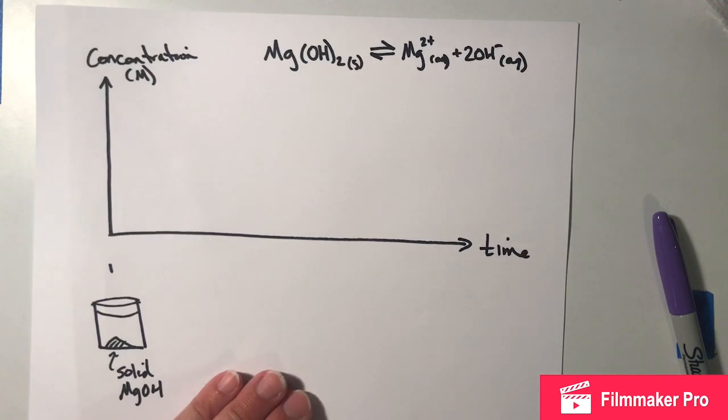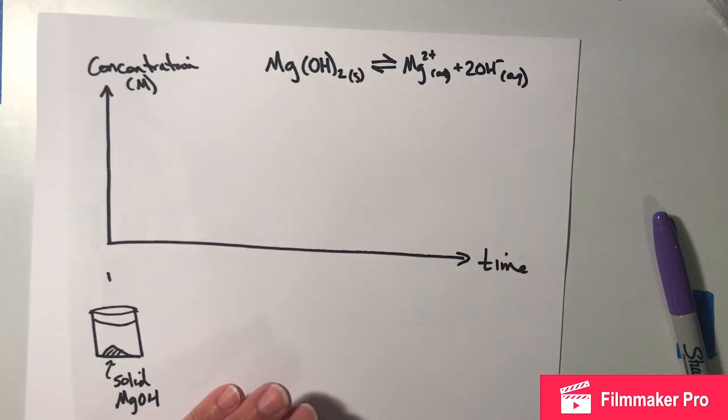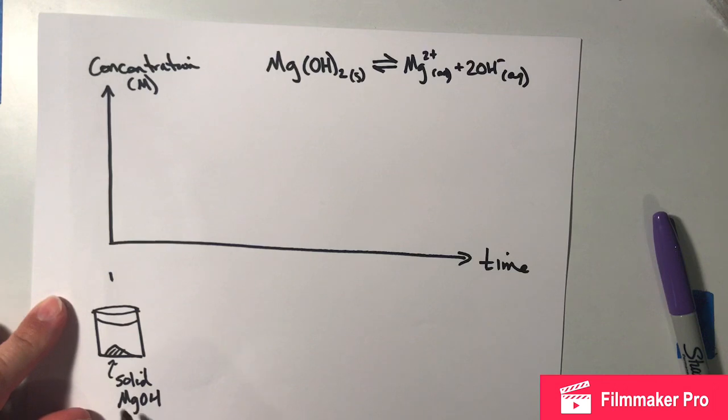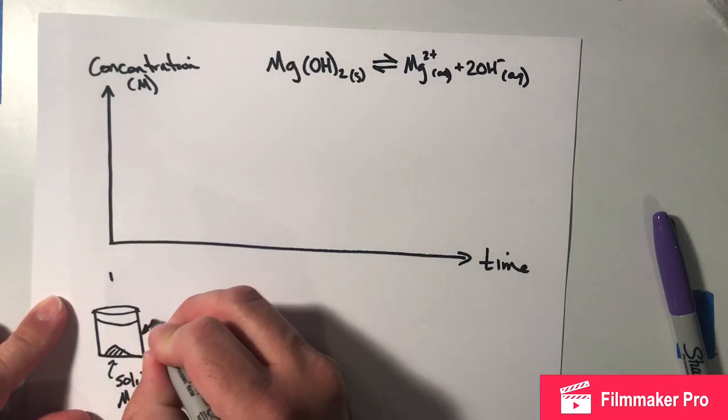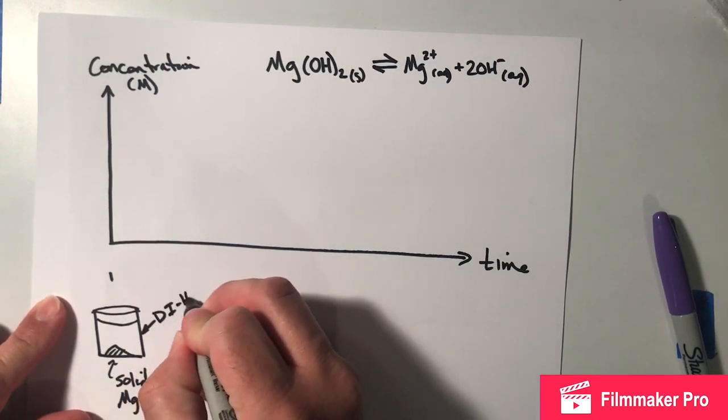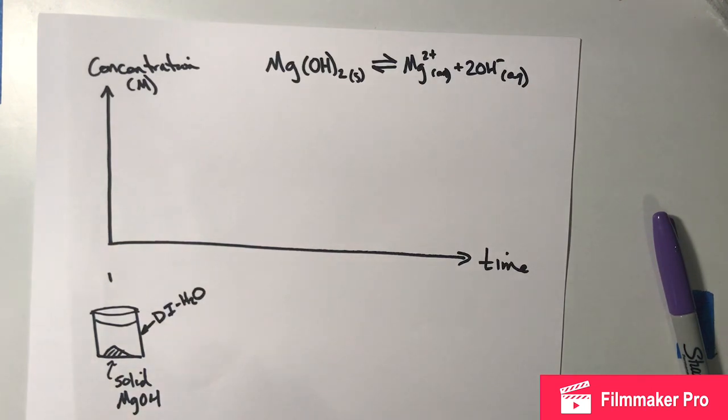So let's imagine an experiment where you were able to monitor the concentration of both magnesium and hydroxide in a solution. So what we're going to do is put solid magnesium hydroxide in some deionized water, and monitor their concentration over a period of time.